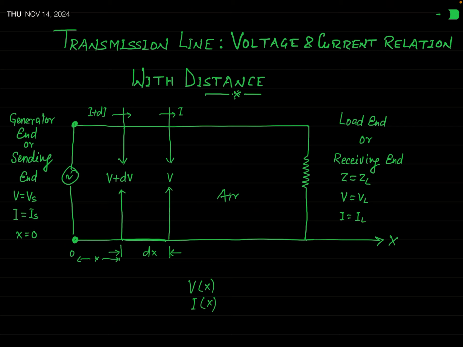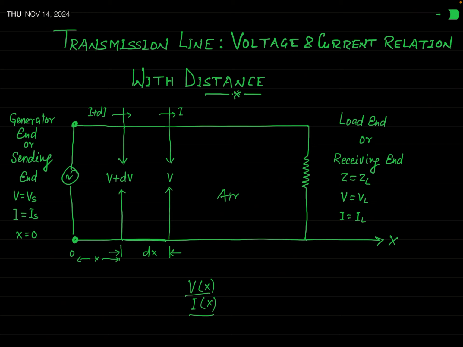We have seen earlier that the equations for V of x and I of x represent the incident and the reflected waves. Corresponding to the incident and reflected wave, we define a very important parameter called the reflection coefficient. So the prime aim of this lecture is to discuss the reflection coefficient.